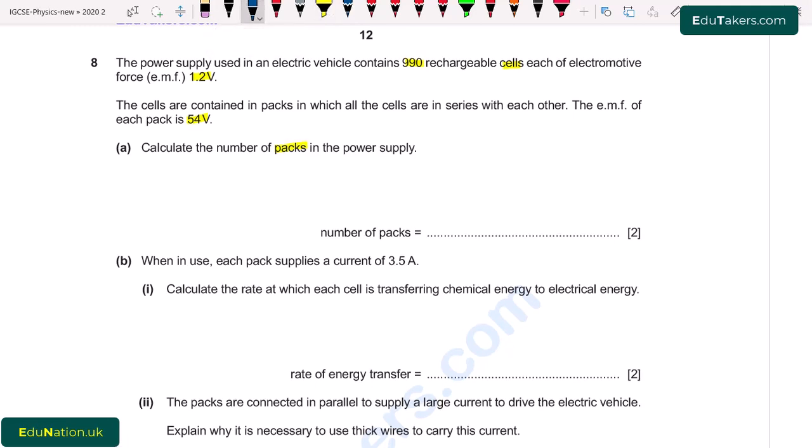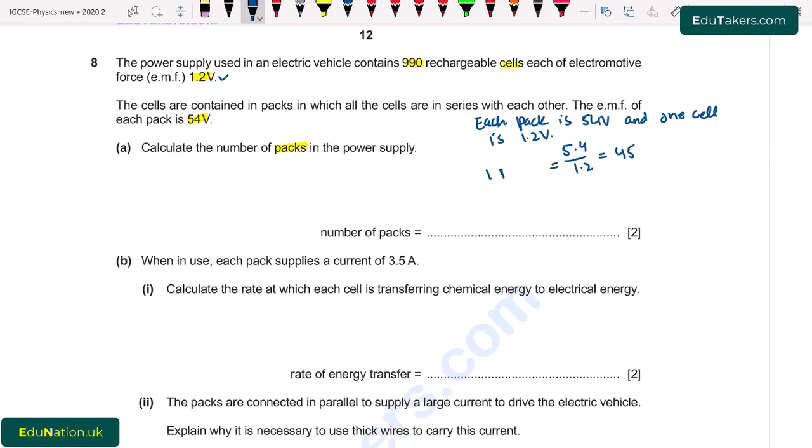So each pack is 54 volt and one cell EMF is 1.2 volt. So 54 divided by 1.2 will be equal to 45.